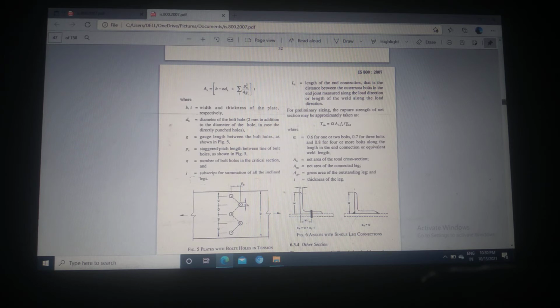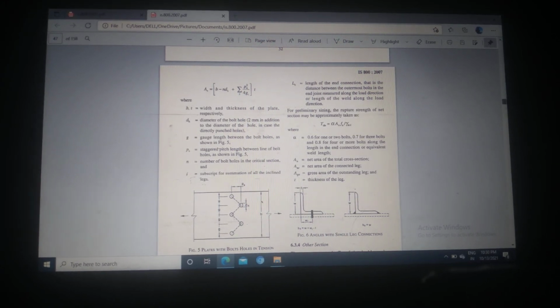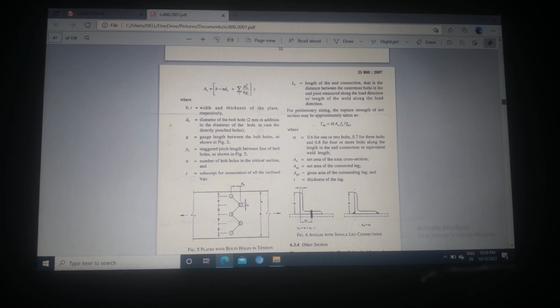ISA 100/75 means the dimensions are for the connected leg and outstanding leg, or outstanding leg and connected leg, whatever it is. It will be given in the question which leg is connected and which leg is outstanding. The dimensions are the lengths of both legs, and the thickness will be given to you separately.